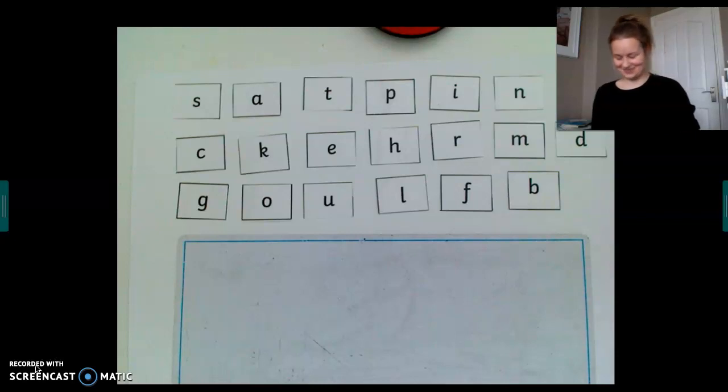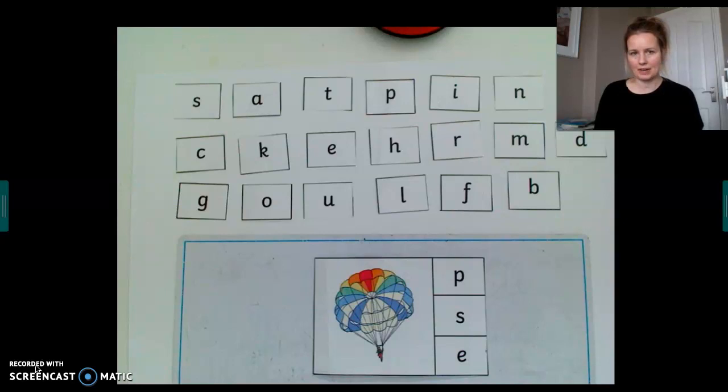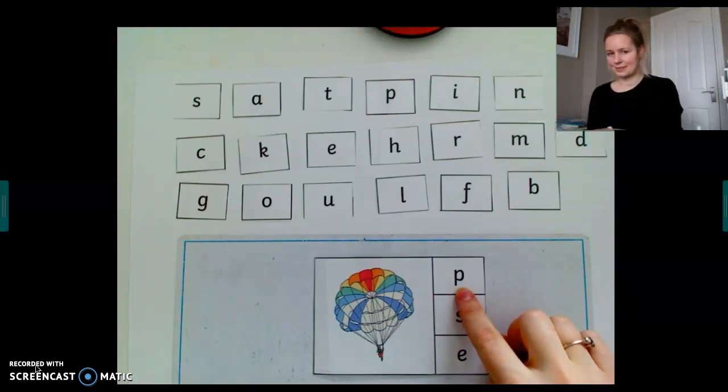Excellent as well. Next one. Ooh, what is this? Does anybody know what this is, boys and girls? It's a parachute. Can everyone point to the sound that parachute starts with? Parachute.